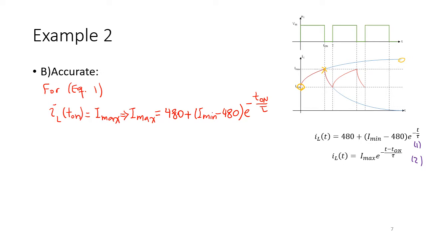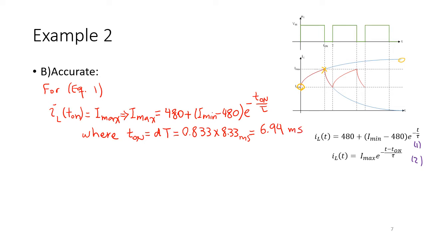We can also calculate T on because we know the capital T and D. T on is equal to D times T, which is 0.833 multiplied by 8.33 milliseconds, which will be equal to 6.94 milliseconds.